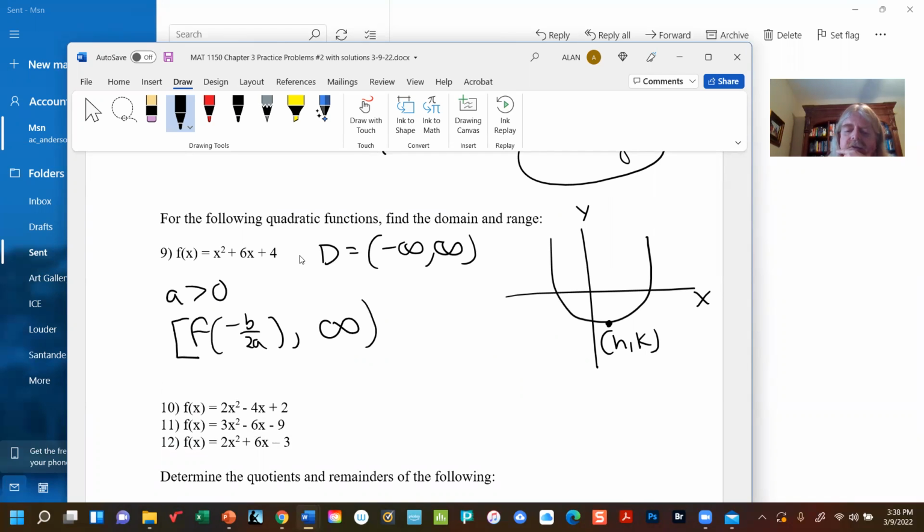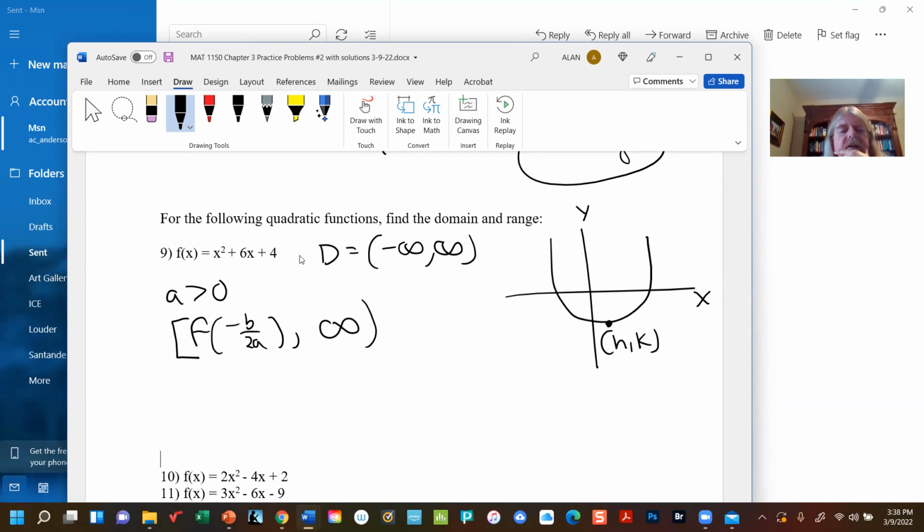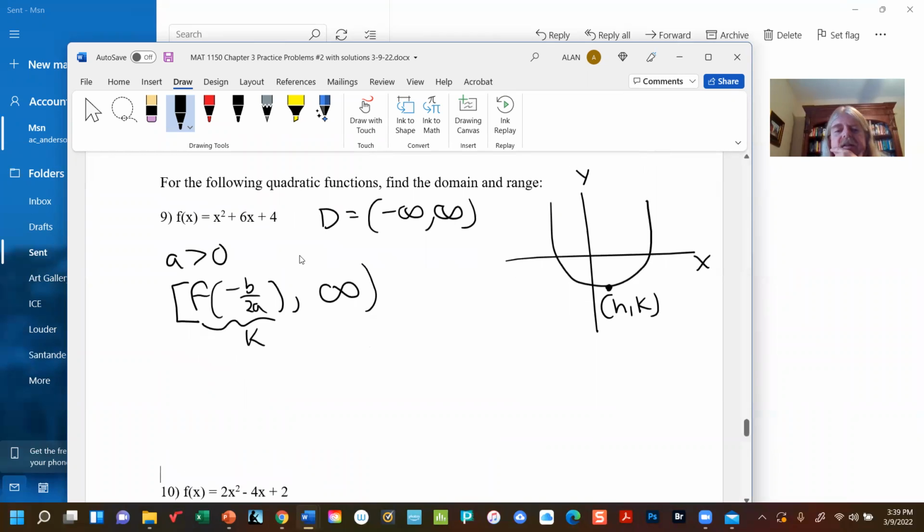And this should not surprise you because this is how we calculated k when we calculated the vertex. Okay, that's what it is. So basically it's saying that y's value starts at k and it works its way up to infinity because the parabola is facing up.